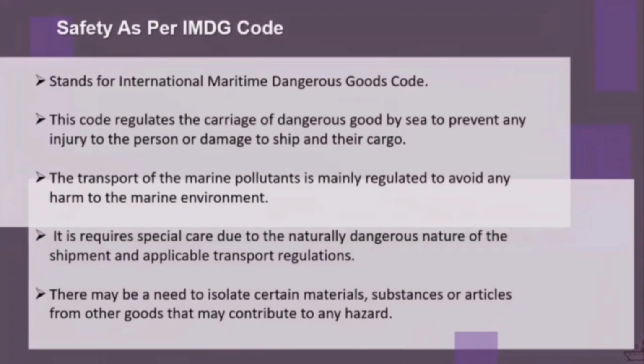Last but not least is safety as per the IMDG code. IMDG stands for International Maritime Dangerous Goods Code. This code regulates the carriage of dangerous goods by sea to prevent any injury to persons or damage to the ship and the cargo. The transport of marine pollutants is mainly regulated to avoid any harm to the marine environment.